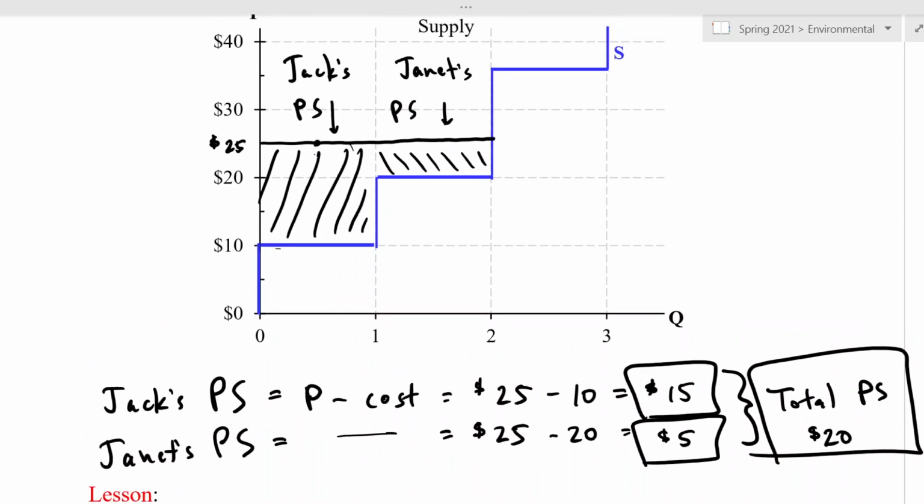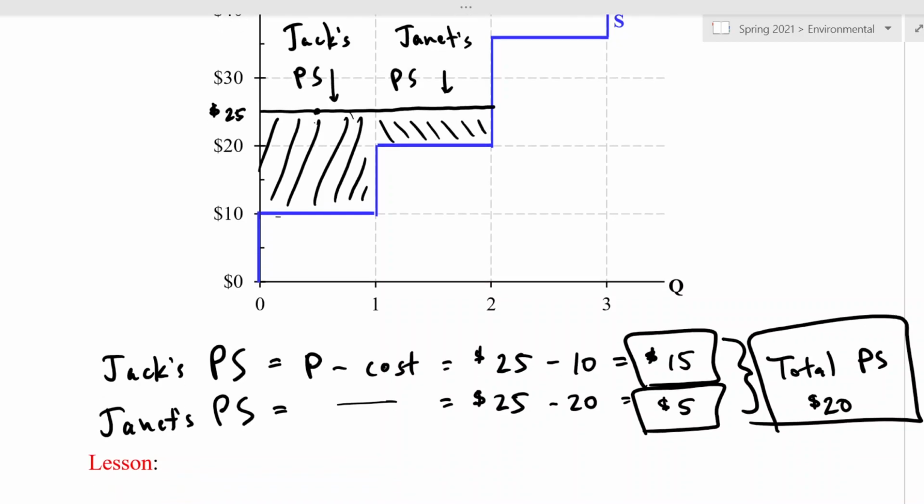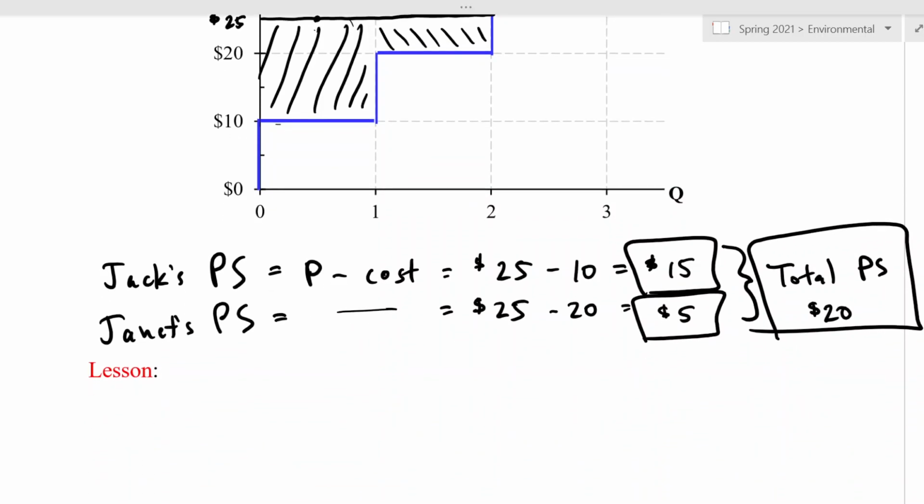And just as we saw for consumer surplus being the area above the price, below the demand curve, the producer surplus is the area below the price and above the supply curve.